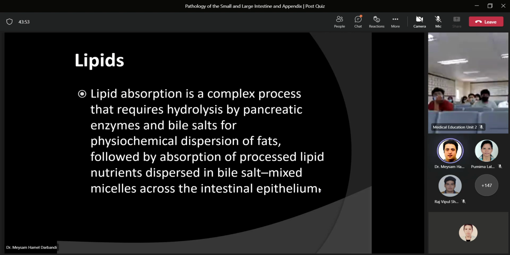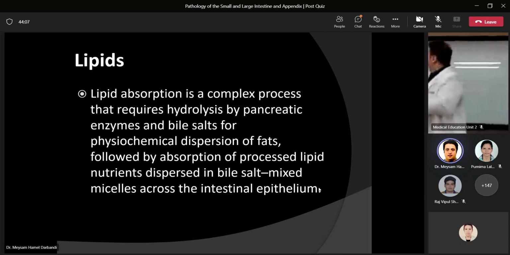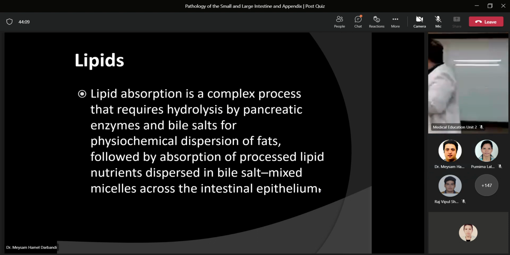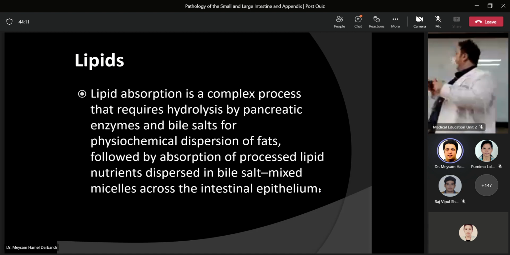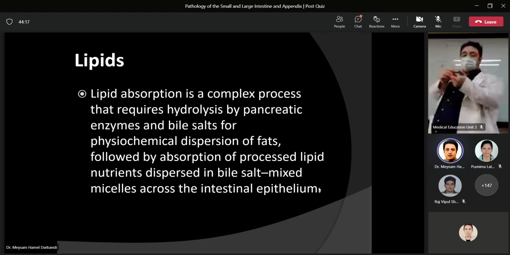So, as you remember, at the ampulla of Vater, we have here the gallbladder, right? What do we have inside the gallbladder? Bile. Okay, so we have bile. So when this fatty food arrives at the second portion of the duodenum, what will happen?